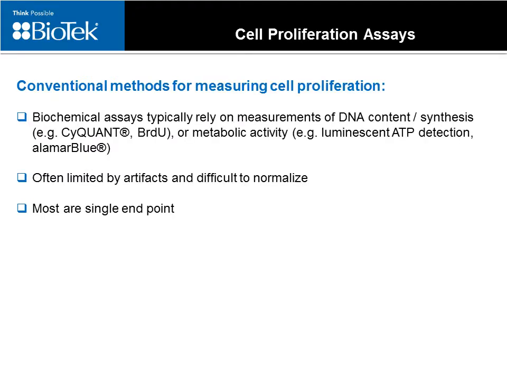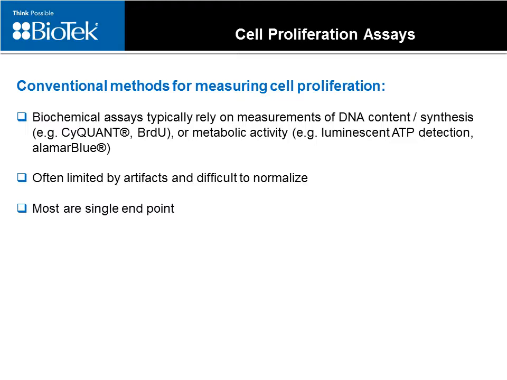So measuring cell proliferation has conventionally relied on biochemical approaches, typically using either methods that are designed to stain and quantify DNA content or detection of cellular metabolic activity of some kind.